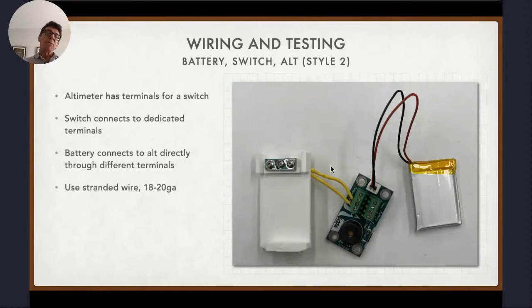Because the switch connects to dedicated terminals, you're just taking advantage of the electronics to do the switch handling, but you still basically have the same amount of wiring. Again, I prefer stranded wire and 18 to 20 gauge.